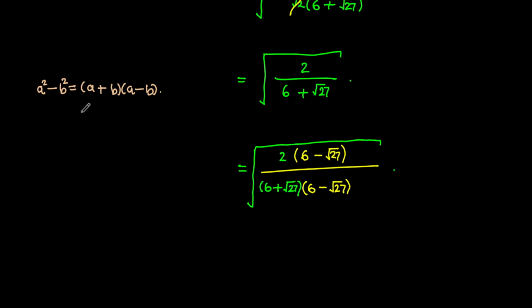So when we compare them, we realize that we have here 6 plus root 27 times 6 minus root 27.